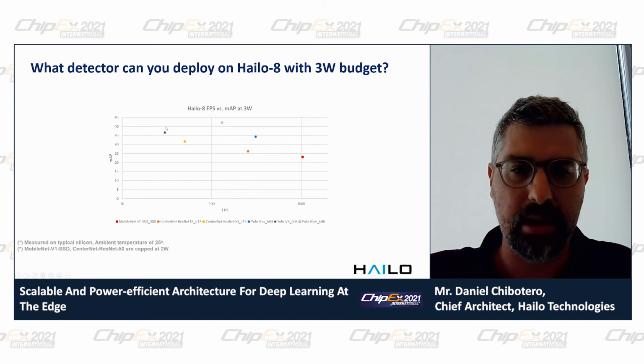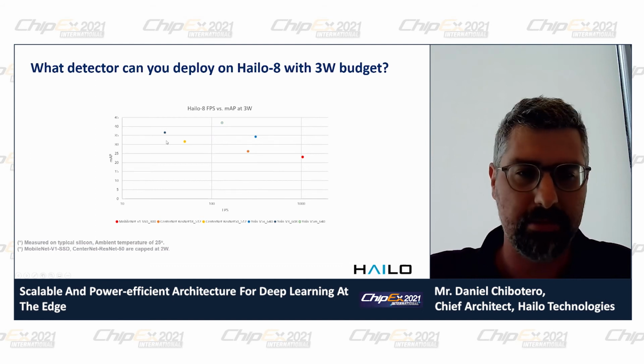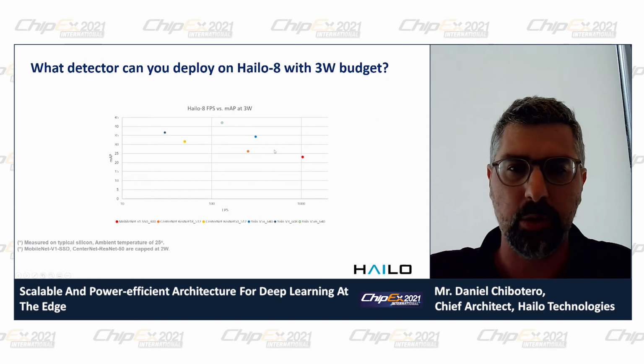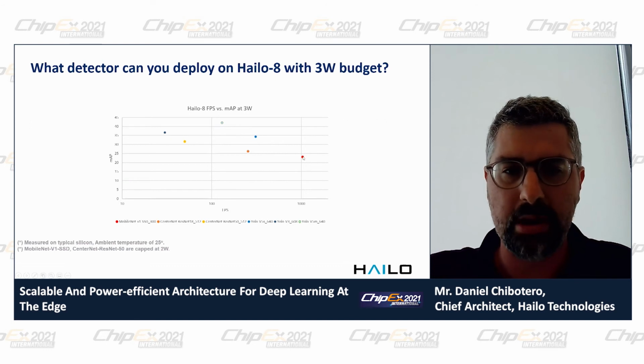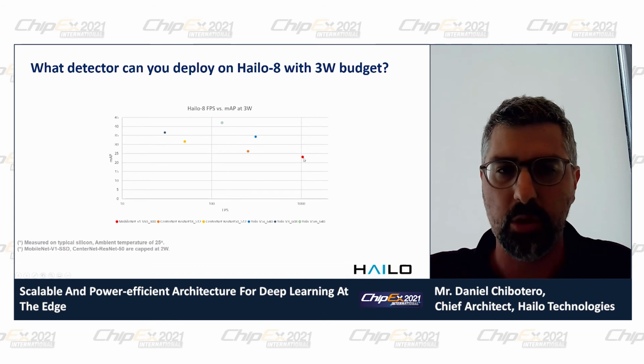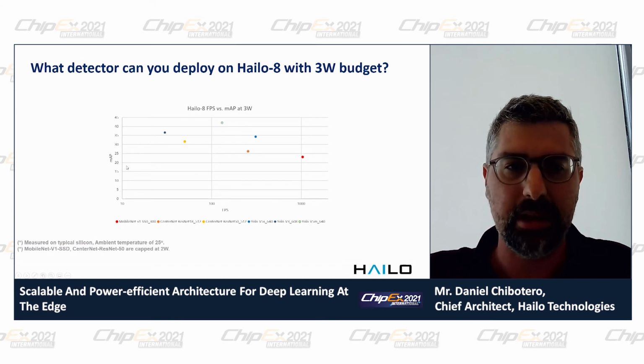And here, Hailo showcases a range of networks from low accuracy, high throughput MobileNet V1 running at more than 1000 FPS, but at around 20 mAP, to the most modern YOLO V3 and YOLO V5 running at around 40 mAP accuracy, but lower throughput.